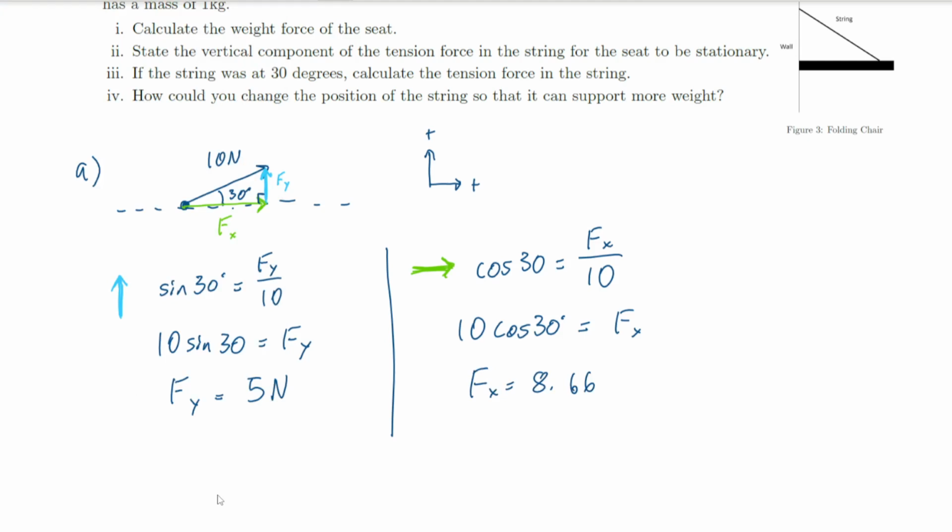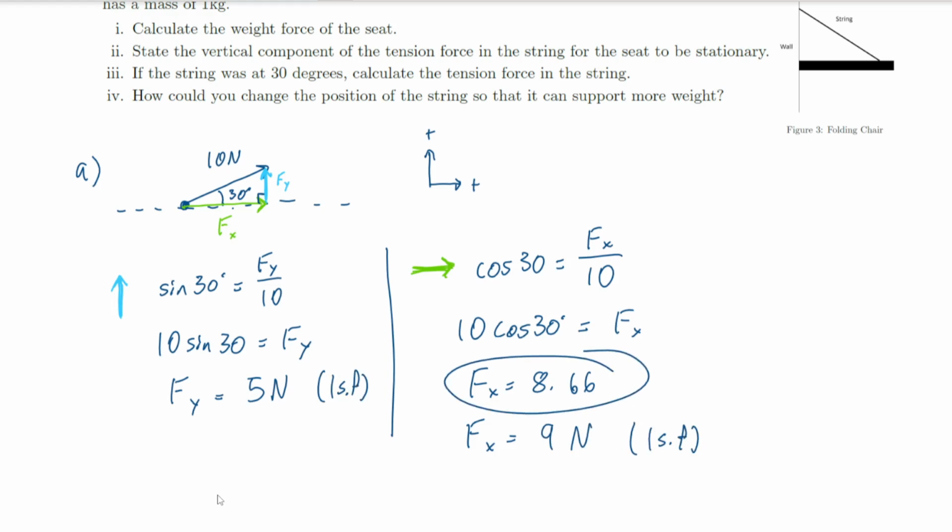Well, the force, 10 newtons, is given as one significant figure, so we should round our component to one significant figure as well. Making sure you do leave that answer there, because that's useful in further calculations. There we go. We've split our 10 newtons of force at this angle 30 degrees into a force to the right, 9 newtons, and then a force up, 5 newtons.